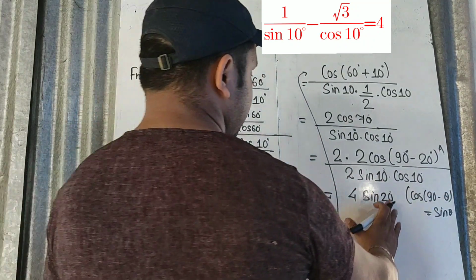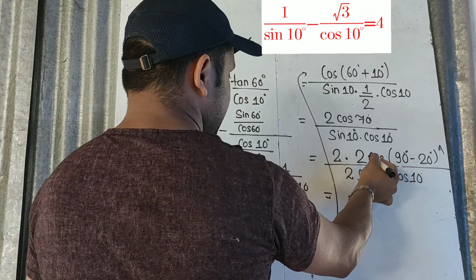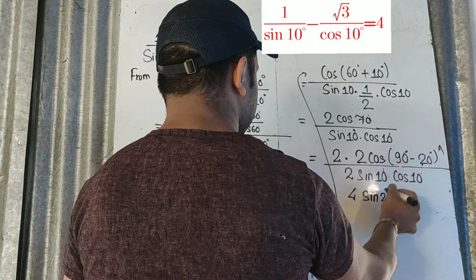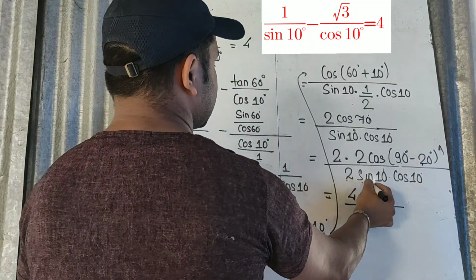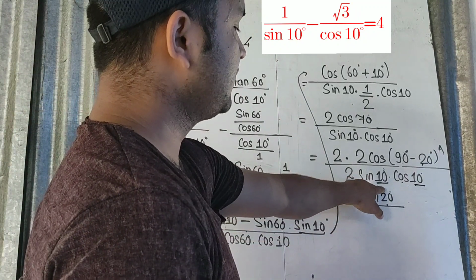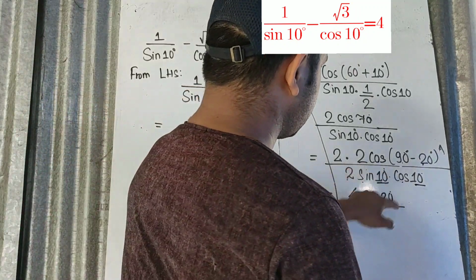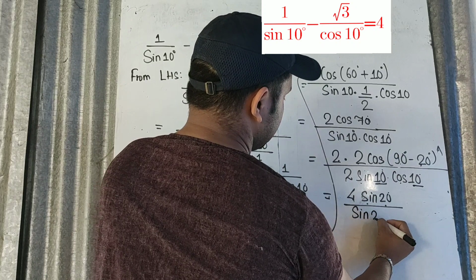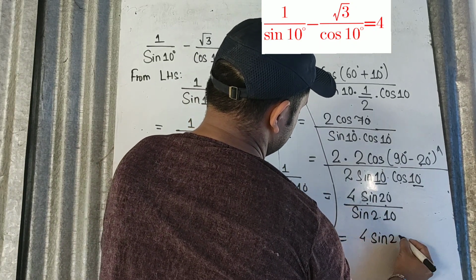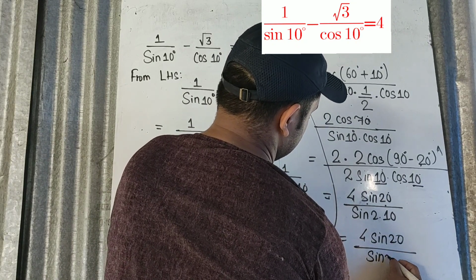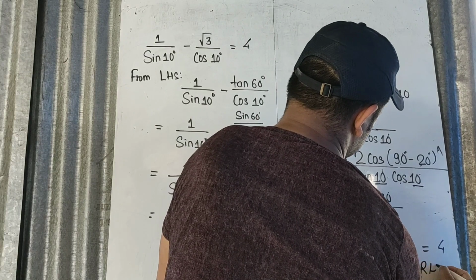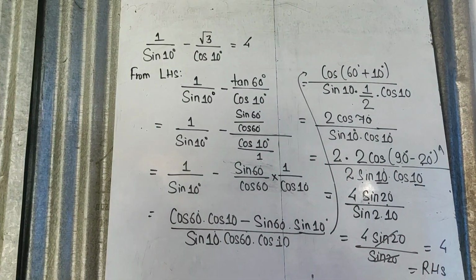So 4 sin theta divided by 2 sin A cos A. A is assumed to be 10. So 2 sin A cos A is sin 2A. Now it becomes 4 sin 20 by sin 20. 20 cancel. What you have left is 4. This is our RHS. So this is how we prove it.